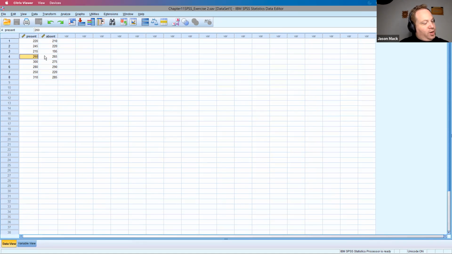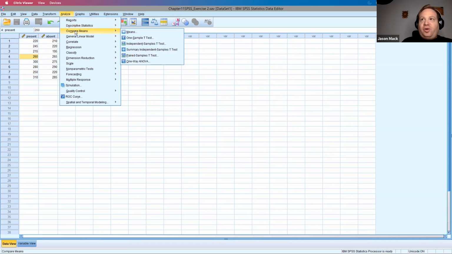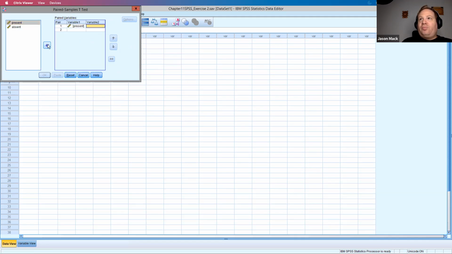So what we want to do is we want to get the t obtained value, but we want to use SPSS, which is way faster, but it's important to know both by hand as well as in SPSS. So we're just going to go compare means, and we're going to go to the paired samples t-test right here. We're going to go present variable 1, absent variable 2.